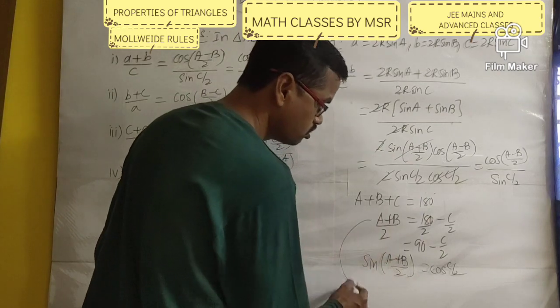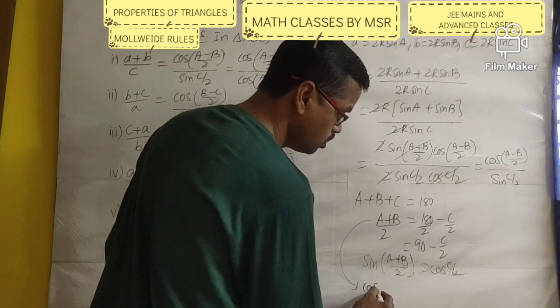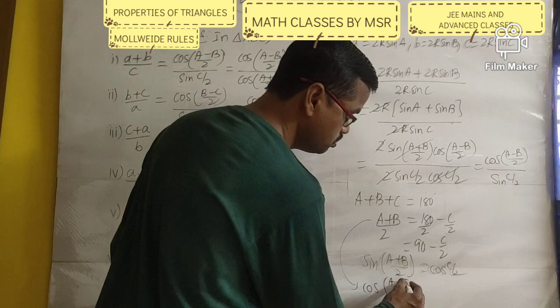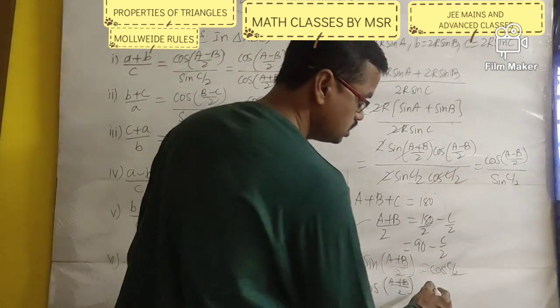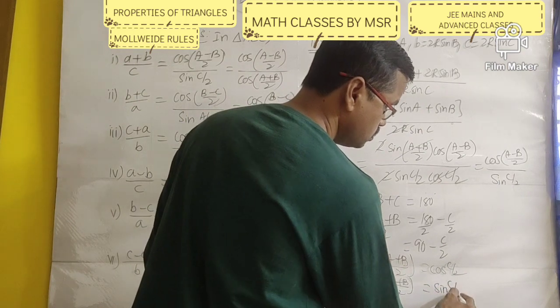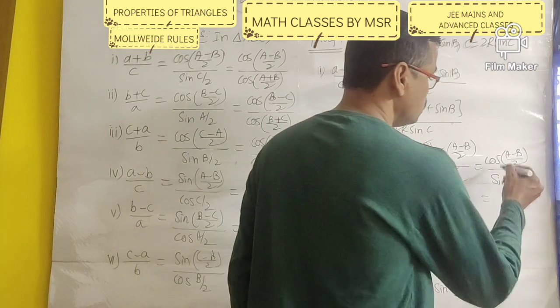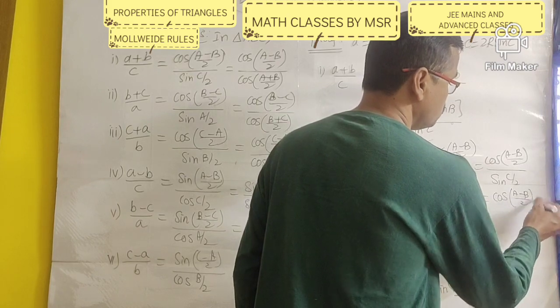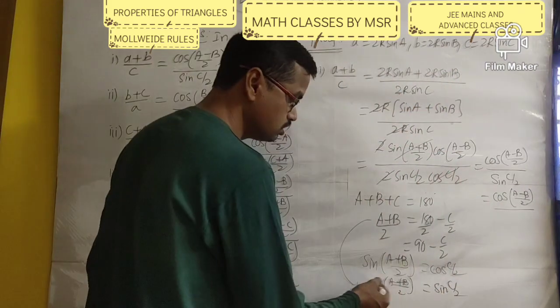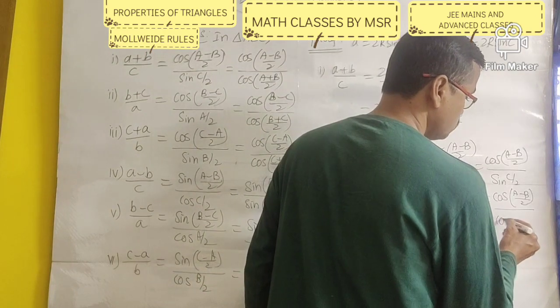Here you apply cos on both sides. Cos of (a plus b) by 2 will be equal to cos of (90 minus theta), which is sin theta, that is sin c by 2. So from this, in place of sin c by 2, I can write cos of (a plus b) by 2.